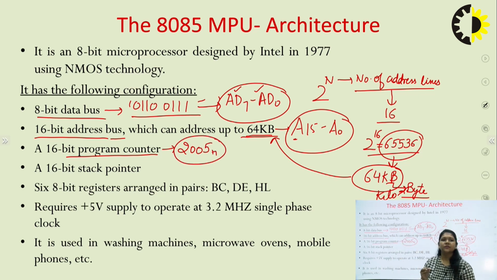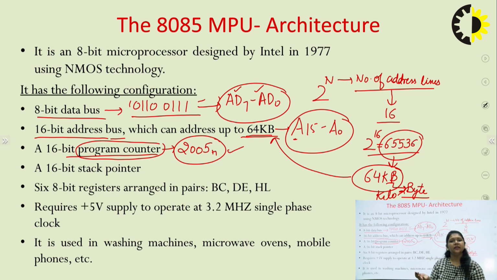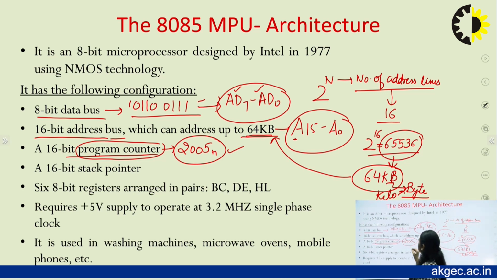How will the microprocessor get to know about this location? Is there any way? Will it remember the address? No. The program counter will do this for the microprocessor. The program counter will basically just store the location, the address of the next instruction from where the microprocessor has to execute.